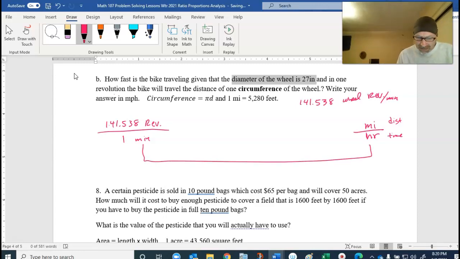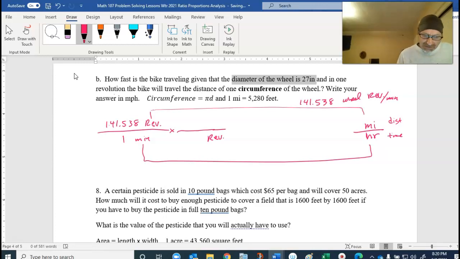Now, what do I have to do? I have to change wheel revolutions to miles, and that's the trick on this. It's kind of a cool puzzle. How do you get rid of revolutions? Well, these are wheel revolutions, so we better have a revolution down here in order for this to be reduced out.